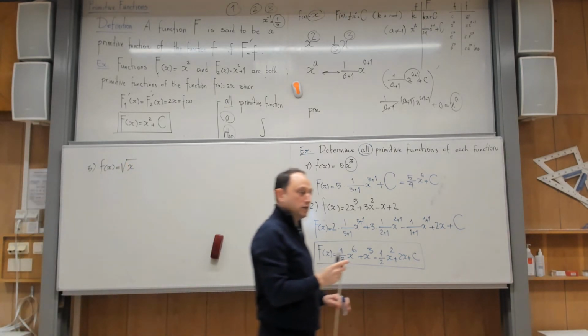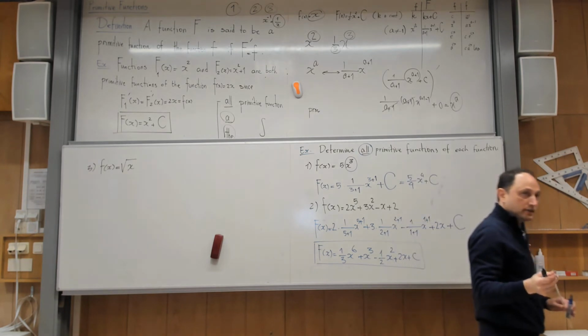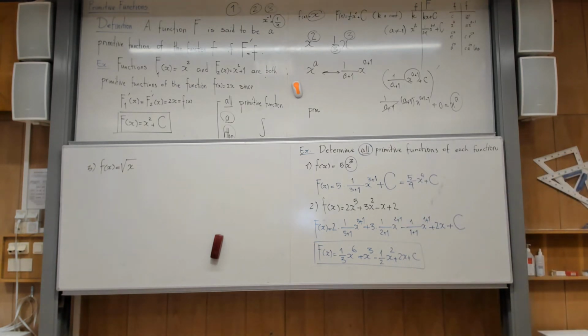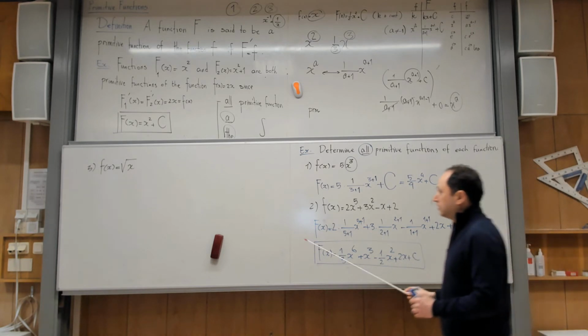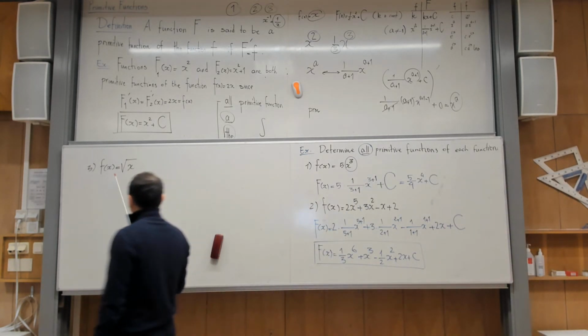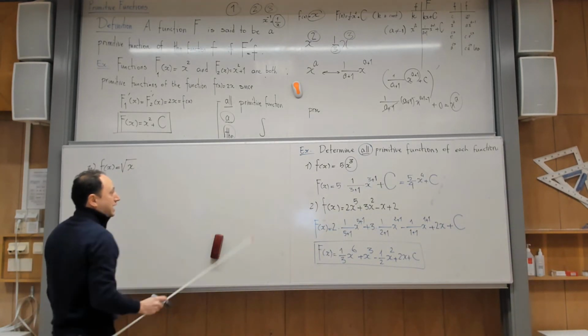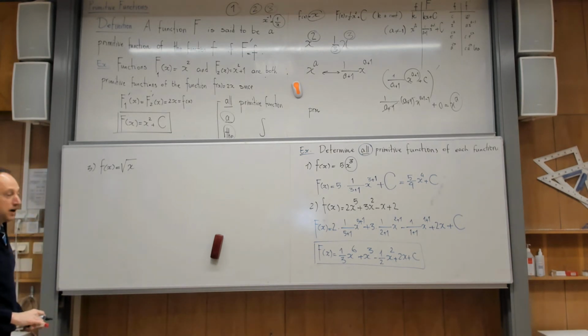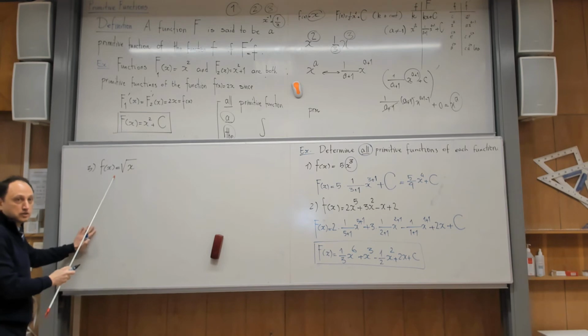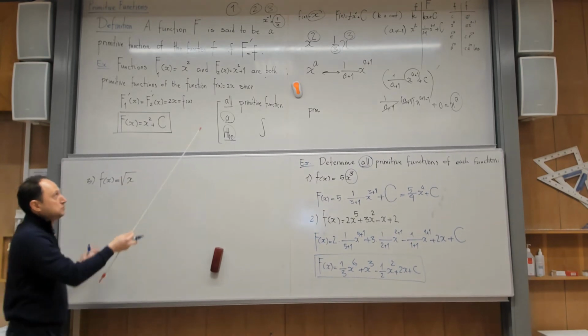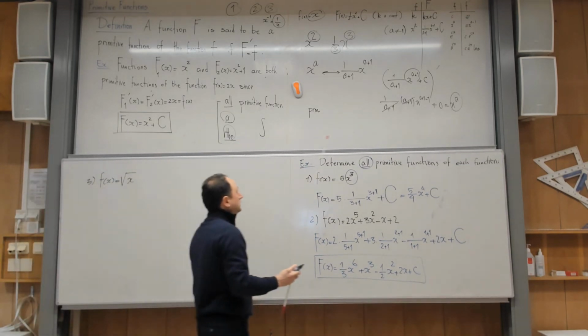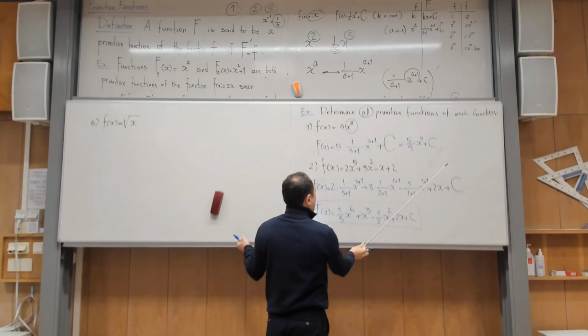If I ask you, give me a function whose derivative turns out to be square root of x. It's not hard to guess, but harder than the previous one. And then you will see that we can start using our systematic approach to answer this question. How can we do that? We cannot immediately start this process, because this function is not in my table, yes? Let me bring this a little bit more.